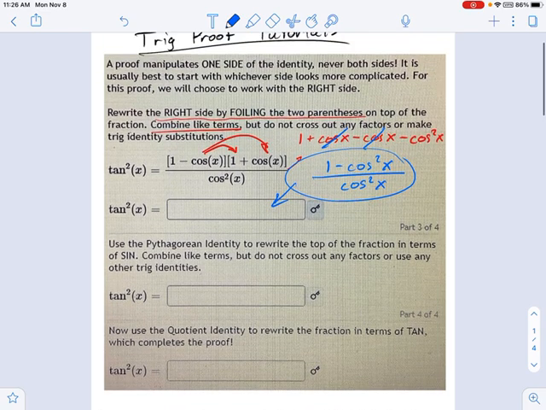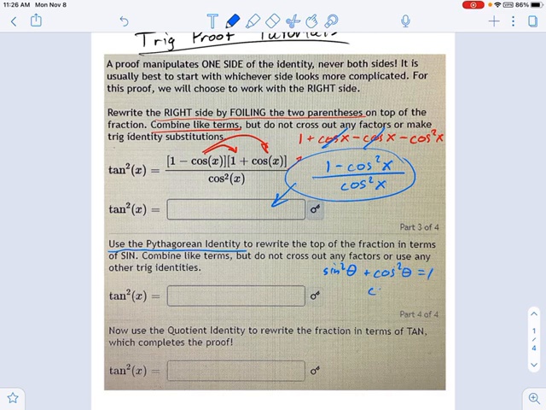Now, next step, we're going to use the Pythagorean identity to rewrite the top of the fraction. And I want to point out we're only doing the top of the fraction according to the directions. Rewrite the top of the fraction in terms of sine. So what is that Pythagorean identity? Well, my favorite Pythagorean identity is the Santa Claus one, because we use it so much. Sine squared plus cosine squared equals 1.